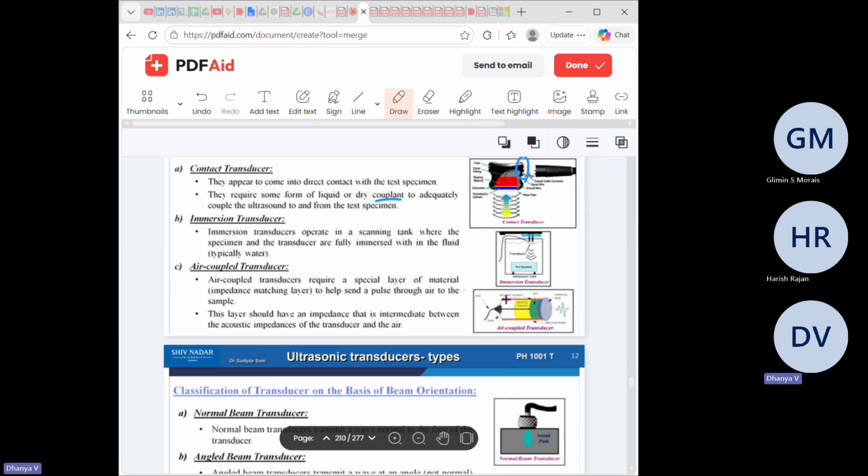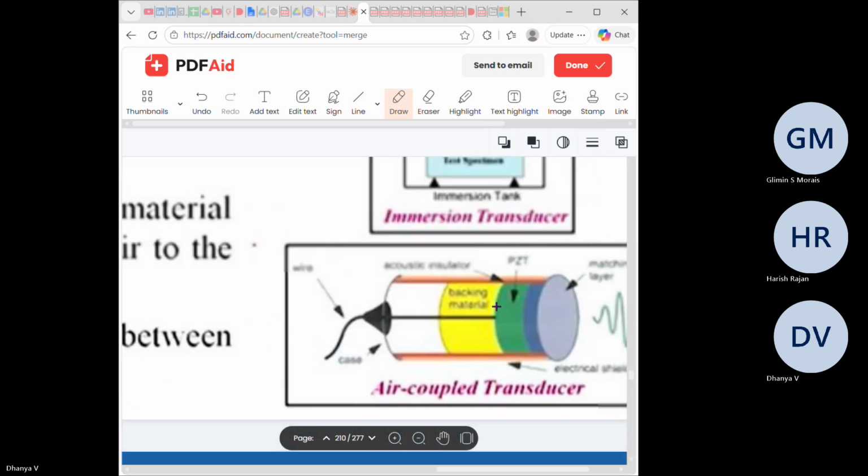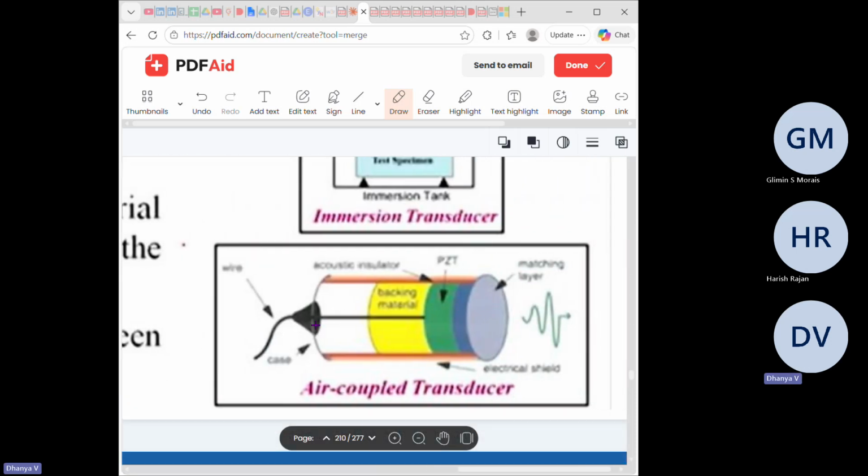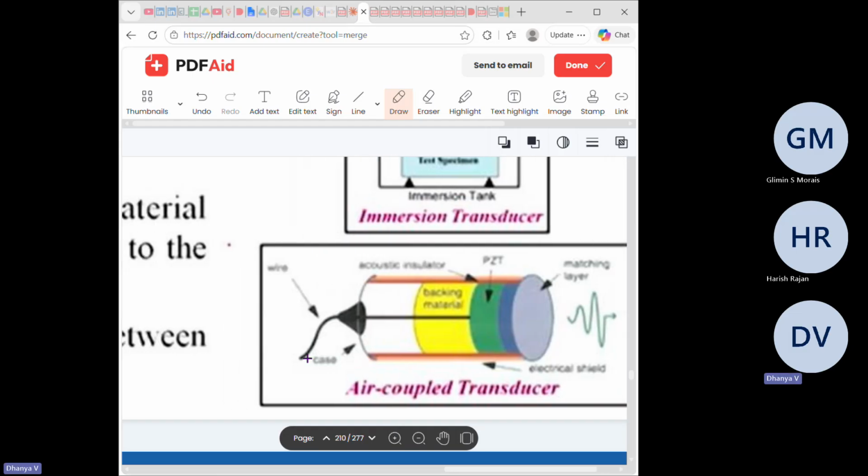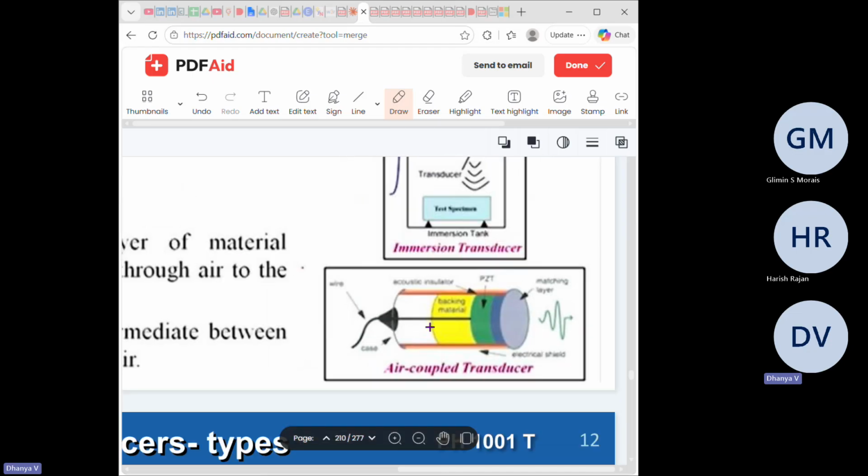So there's some material that's there. The picture itself is clear. So as it detects something, it will transfer it through this material via the pulse.